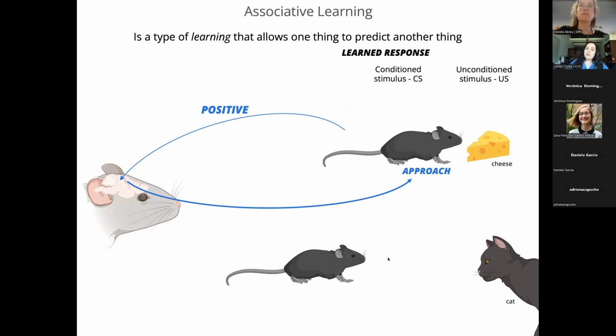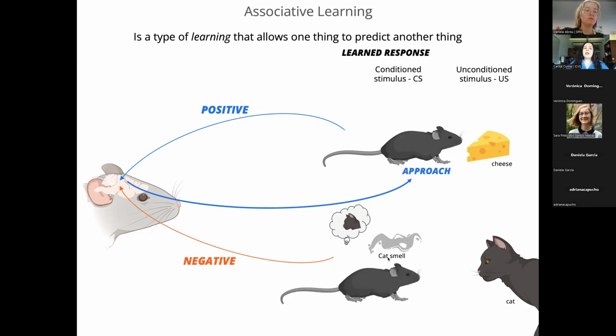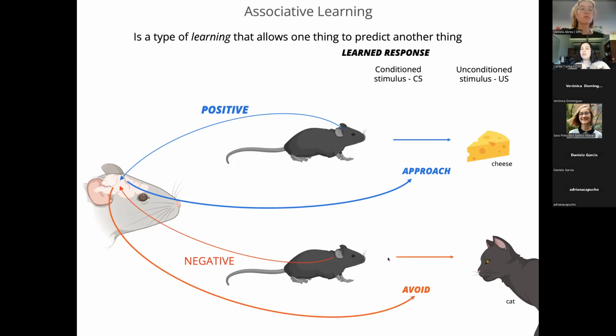On the other hand, if the animal is in its environment and it smells the cat or cat hormones, this will send a negative signal, and the result will be an escape behavior, even if the animal didn't see the cat. Because it knows that it's a predator, it may result in a negative event for it. It will try to do everything to avoid it.